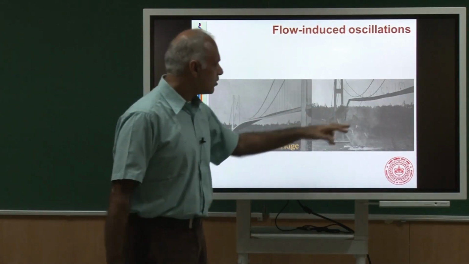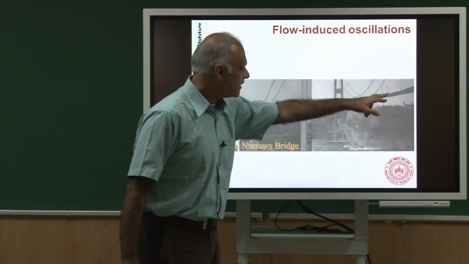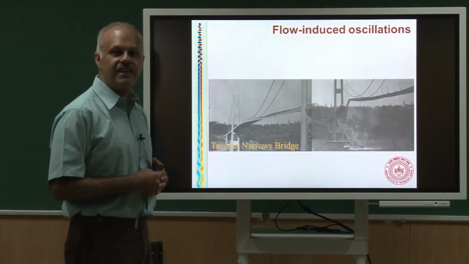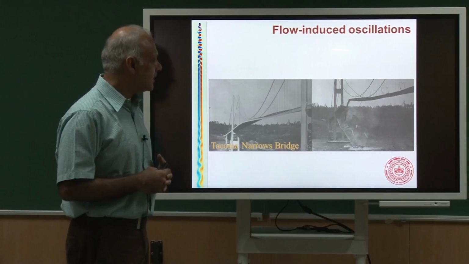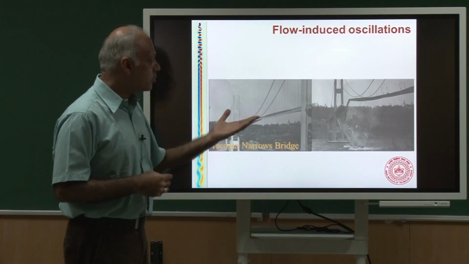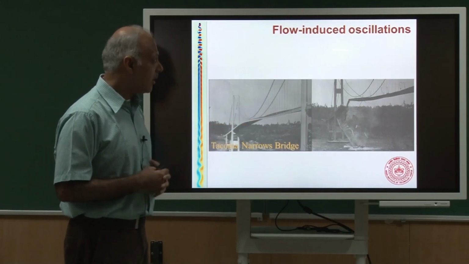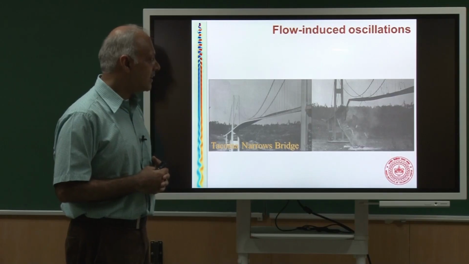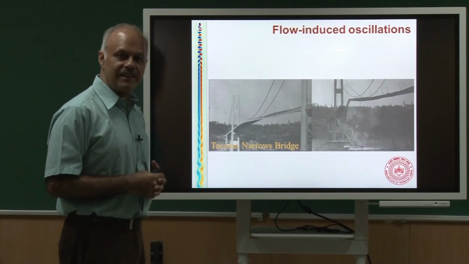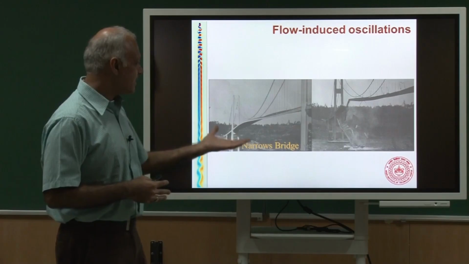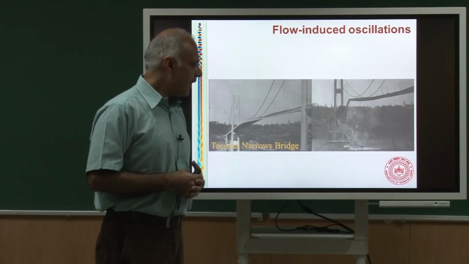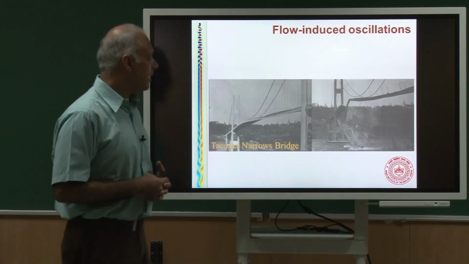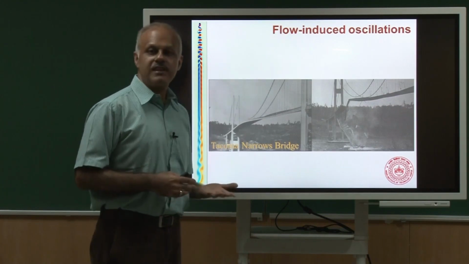In fact, those of you who have a good eye, you will notice there is a car which is still stranded on the bridge, and in fact there were two dogs or maybe one dog with the owner in the car, but fortunately there were no fatalities, everybody was saved. But this has become a landmark that you could have some kind of flow induced oscillations.